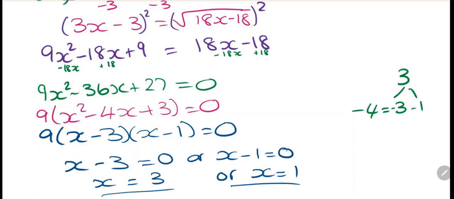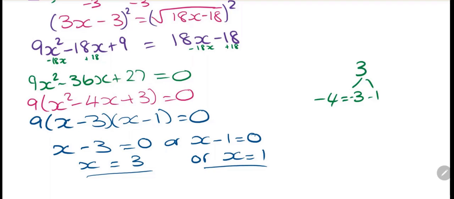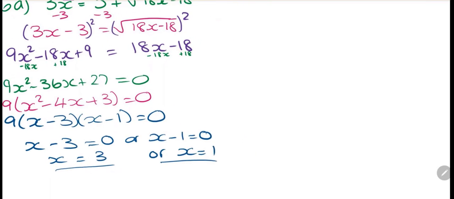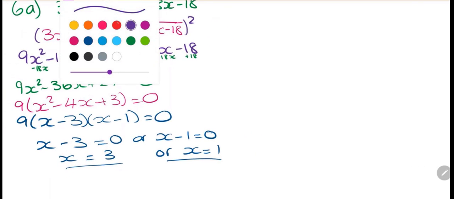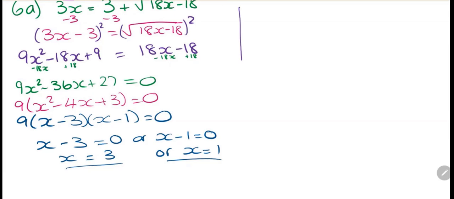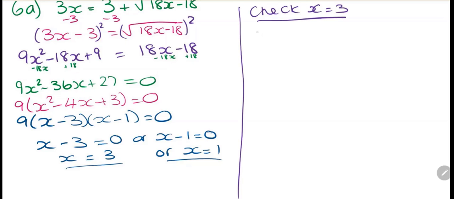And we need to check our solutions just to make sure that they are valid. So let's check our solutions over here. So first of all, we're going to check x is equal to 3. So our original equation, 3x is 3 plus root 18x minus 18.